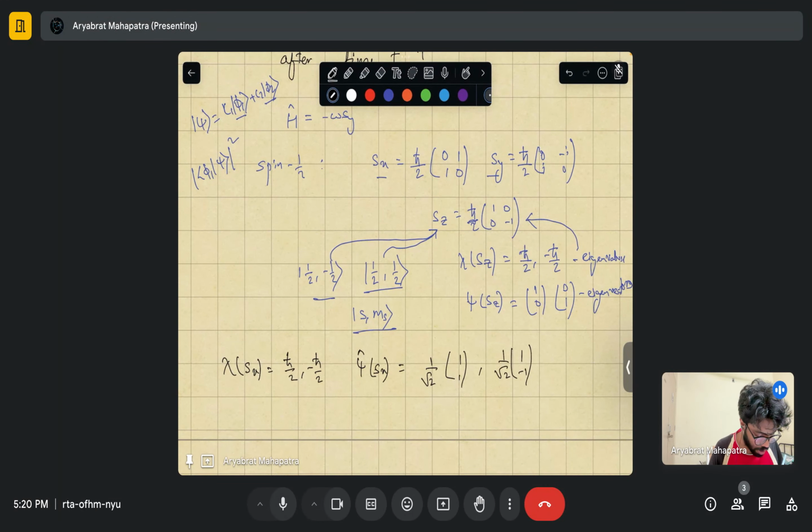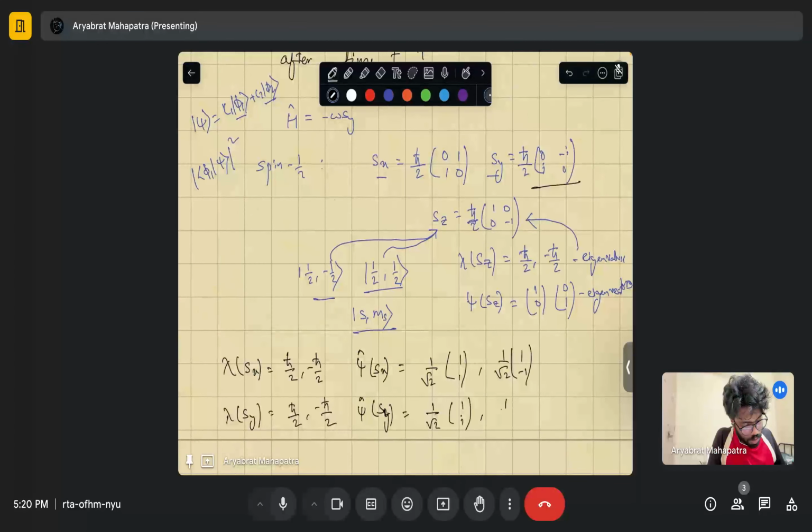Similarly, if you solve for Sy, you will get h bar by 2 and minus h bar by 2 as the eigenvalues, and the eigenvectors of Sy are 1 by root 2 times 1 i, and 1 by root 2 times 1 minus i.